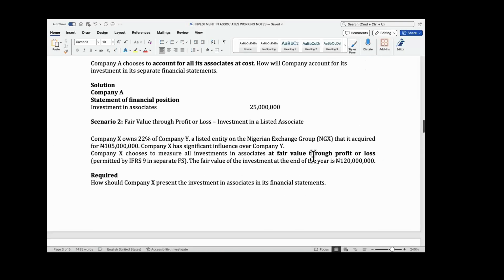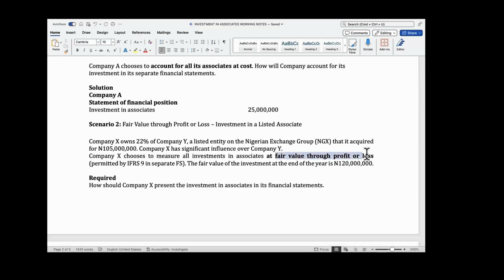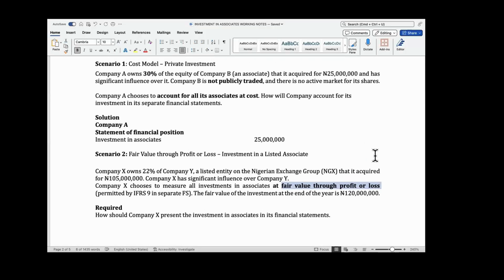However, since he has decided to measure it at fair value through profit or loss, you remember what I taught you in IFRS 9. That means any changes in fair value will be recognized in profit or loss. That also means that if he's measuring it at fair value through other comprehensive income, any changes in fair value will be recognized in OCI.